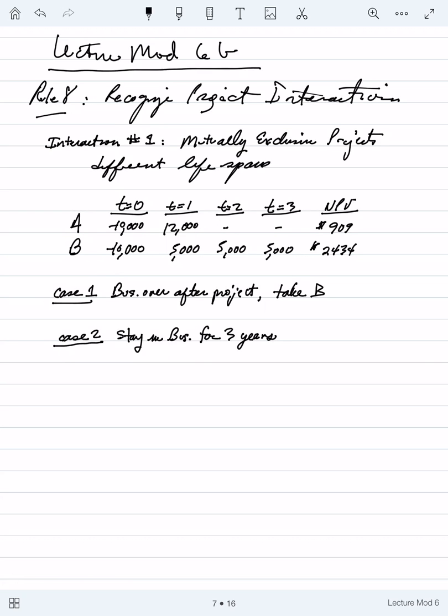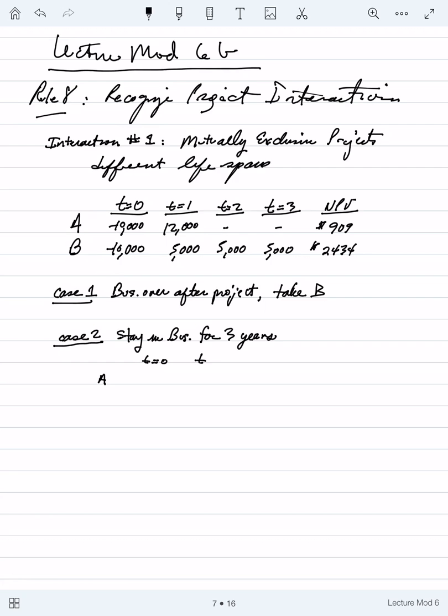So project cash flows are now to be examined, and B lasts 3 years. You can see that. But A has a longer time span that we need it to be operational through, right? So I've got to change project A.